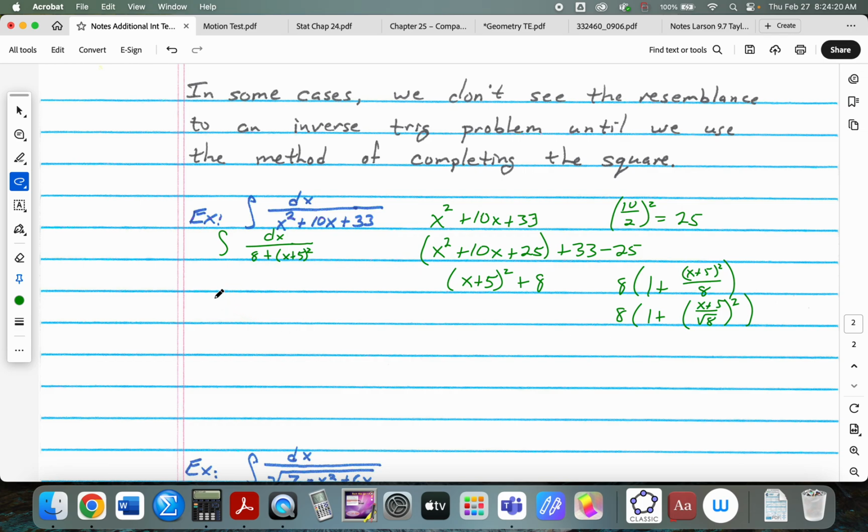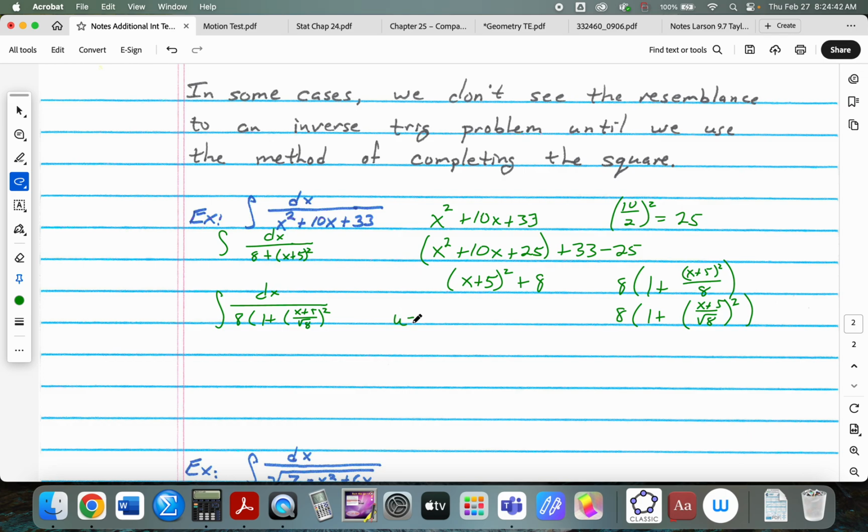So now I can write my integral that way. It would be the integral of dx over 8 times 1 plus the quantity x plus 5 over the square root of 8 squared.